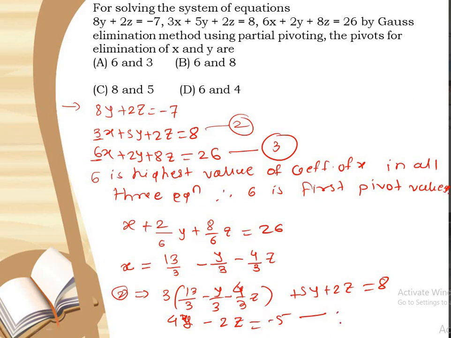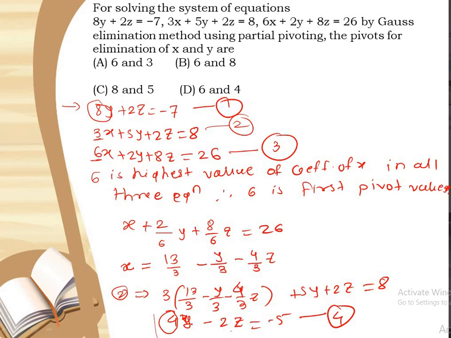Now compare equation number 1 and 4. The coefficient of y in equation 1 is 8 and the coefficient of y in equation number 4 is 4. We compare these two values, and the greatest coefficient is 8.